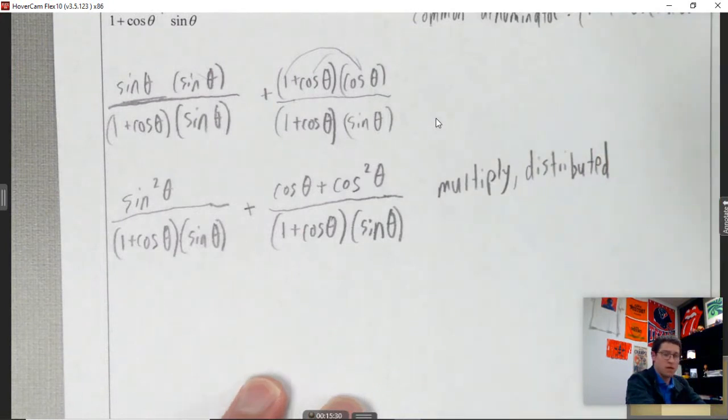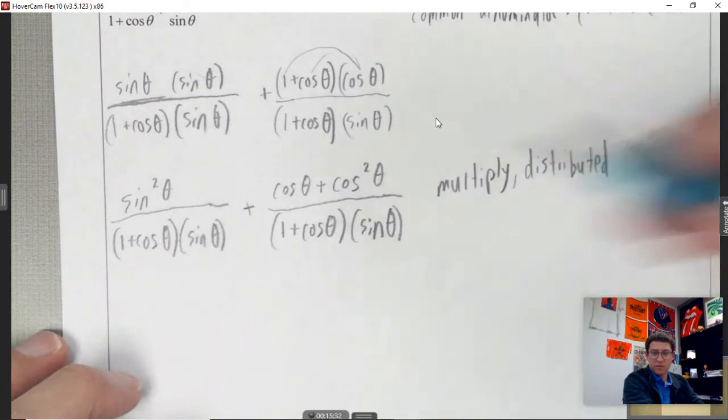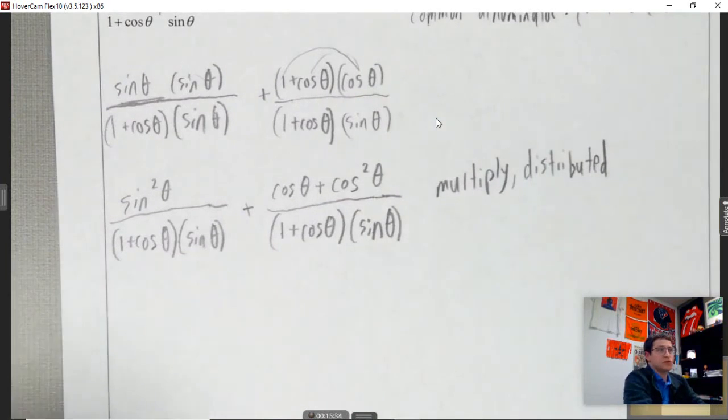From this step to this step. Now, let me say this. Some people will do these things in very different orders, and that's perfectly okay, as long as we arrive at the same spot. And there are levels to this. This is not a you got it or you didn't sort of thing. This is can you work your way towards simplifying these trig expressions.